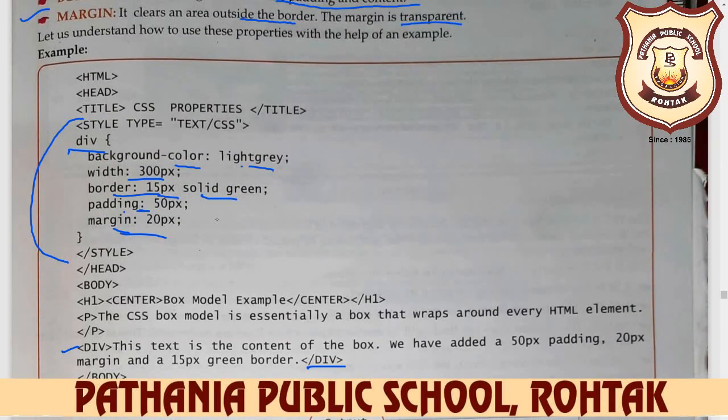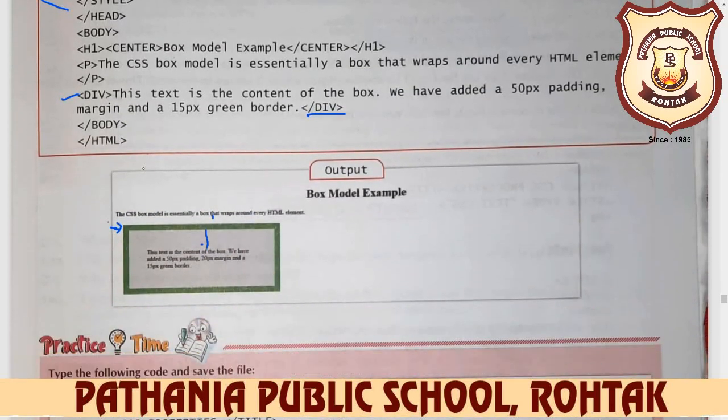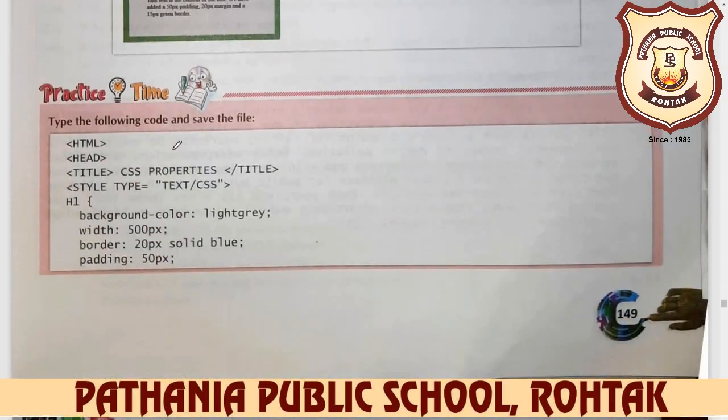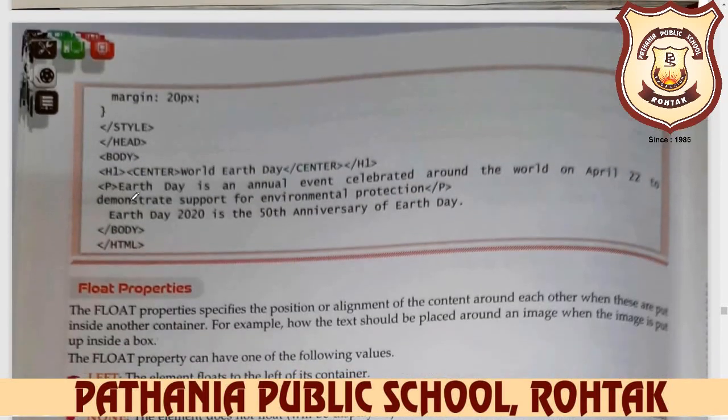So we have decided a 20 pixel margin, padding is 50 pixels, border is 15 pixels solid green, and width is 30 pixels. So if you want to write there, then you use this.